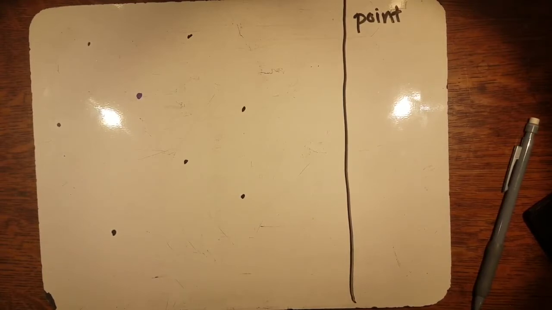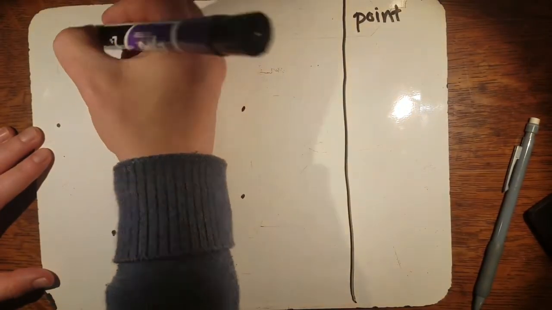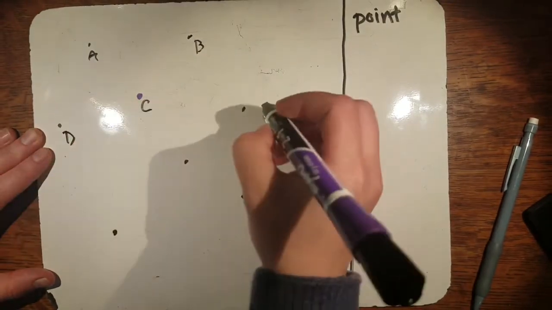Point to one of those points. Most likely, all of you pointed to a different point. So we need to mark these points with something specific so that when we're talking about them, we know exactly what we're talking about.